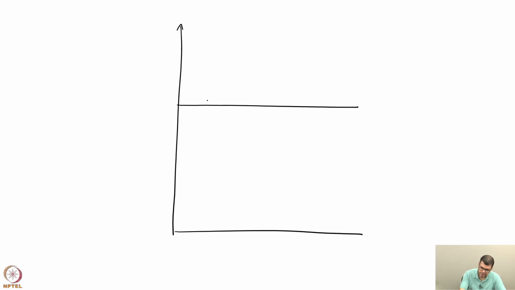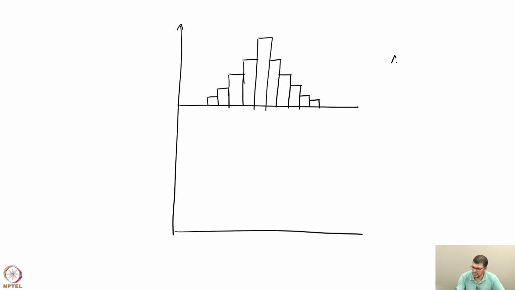At a given point in time, the distribution looks like this. This is at time t naught, and we want to see what happens at time t naught plus tau.